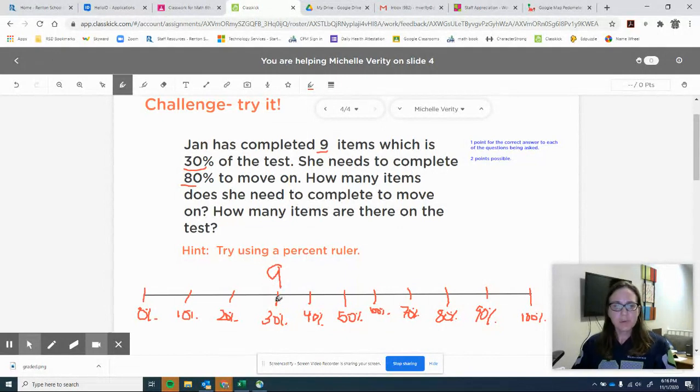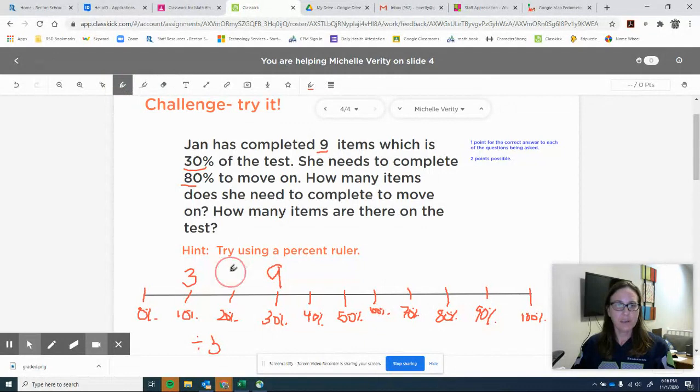To get from 30% down to 10%, we divide by 3. So 30 divided by 3 equals 10. So we need to do the same to the 9. 9 divided by 3 is 3. So 10% is going to be 3.